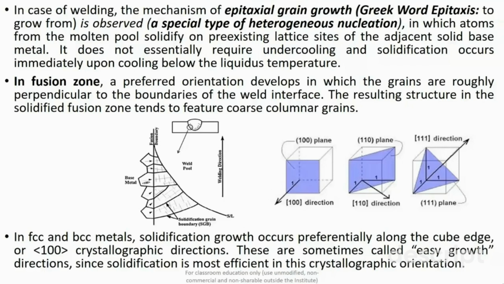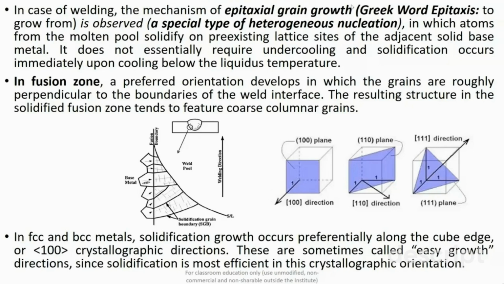They have observed that the growth of new grains present in the solidified region, they are aligned in the direction of 100 crystallographic plane, because this particular direction is the direction of easy growth as compared to other directions. The scientists have observed that the growth of newly formed crystal and the grain growth is favorable in this particular 110 crystallographic direction.